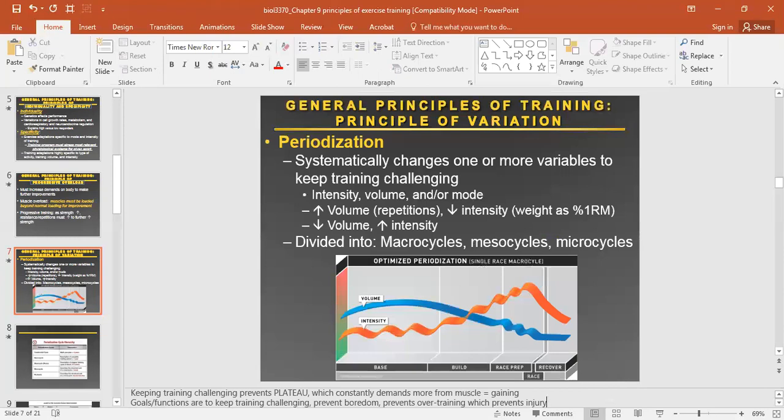Hang on guys, I gotta hit pause. I'm going to pause the share.